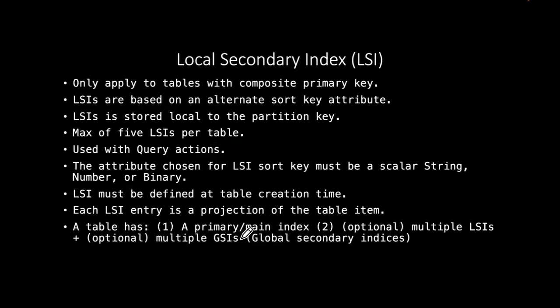Now, because of the restrictive nature of querying, what DynamoDB gives us is what it calls local secondary indices. A local secondary index is an index which again has a composite primary key, but in this case the sort key can be something other than what you declared when you declared the table.